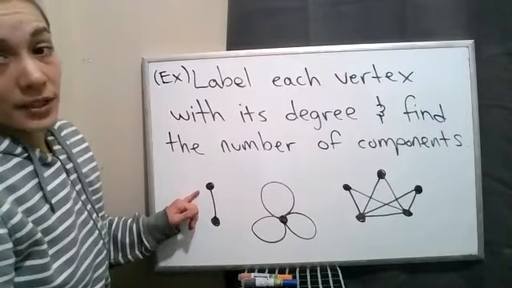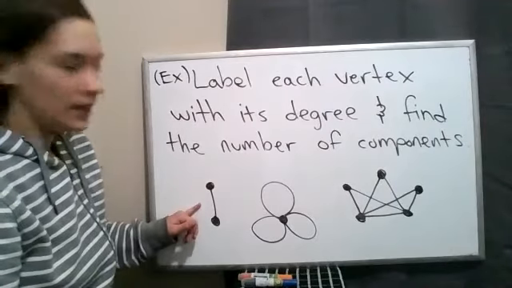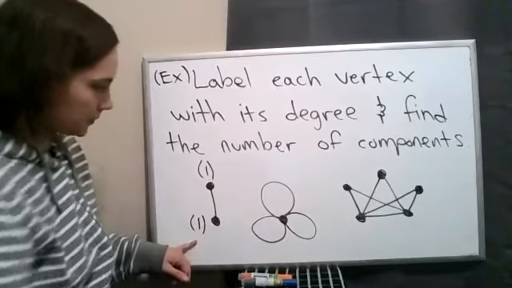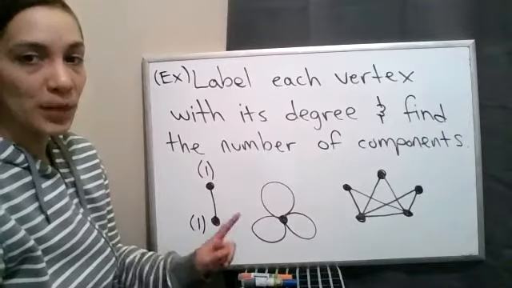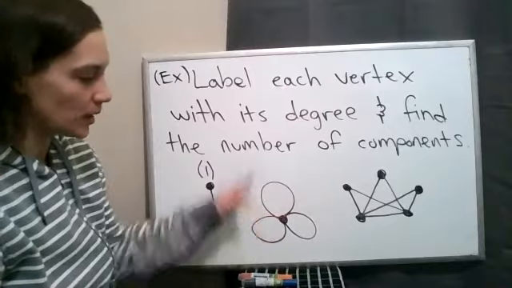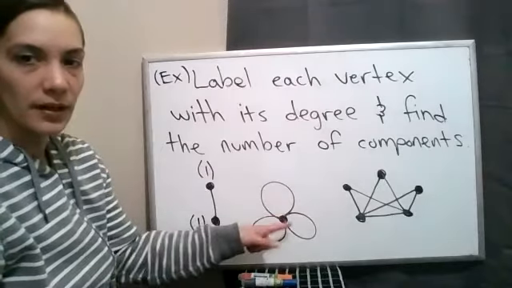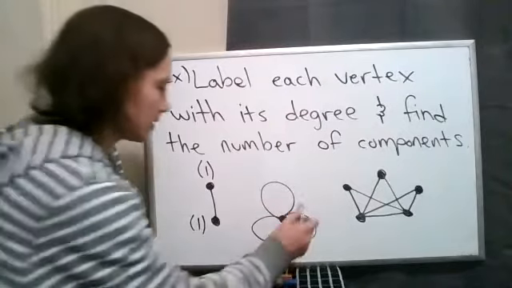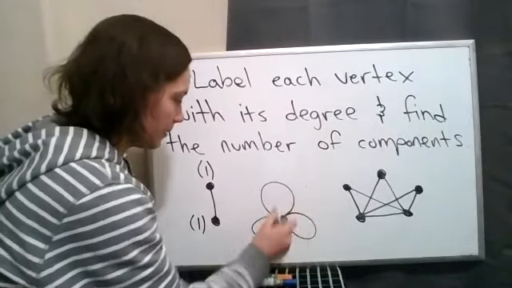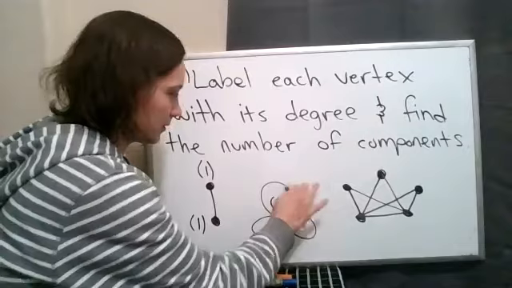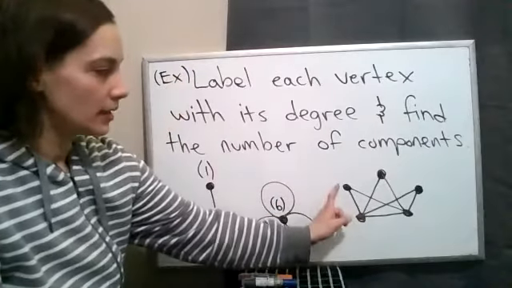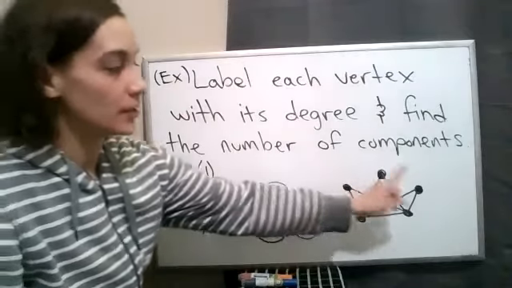Let's do the degree first. This would be degree 1, degree 1. A loop adds 2 to the degree, so it says 1, 2, 3, 4, 5, 6. Degree 6 right there. And we're at degree 2, degree 2, degree 2.